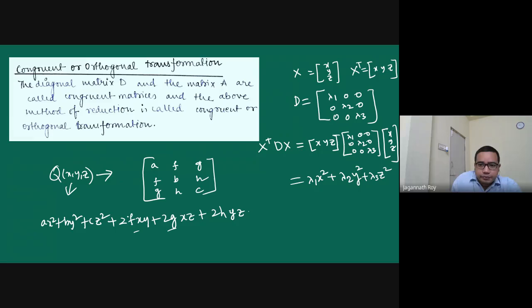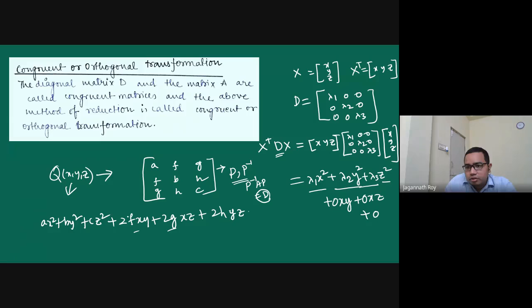From this symmetric matrix, we will get the P matrix and P inverse, such that P inverse AP is equal to D. If D is the coefficient matrix of a particular quadratic form, then the expression will become this way: the mixed terms are 0xy plus 0xz plus 0yz.